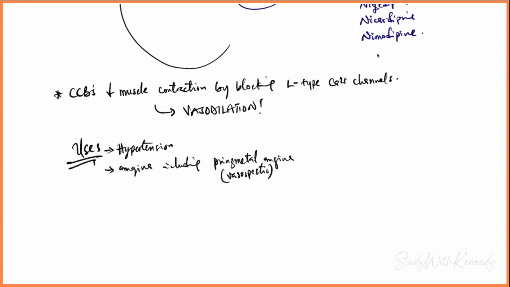Do you remember what disease has a similar mechanism of action as Prinzmetal angina? I hope you're thinking of Raynaud phenomenon, where you have spasm of blood vessels to the limbs, maybe to the hand, to the lower limb, resulting in changes from white to red to blue and all that. That disorder, Raynaud phenomenon, is also treated with calcium channel blockers.